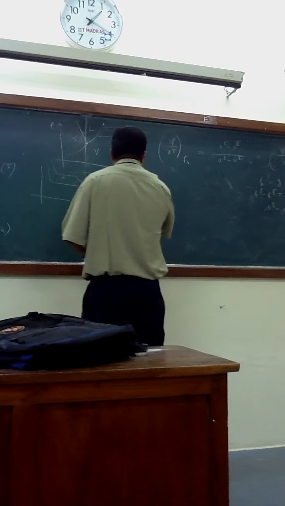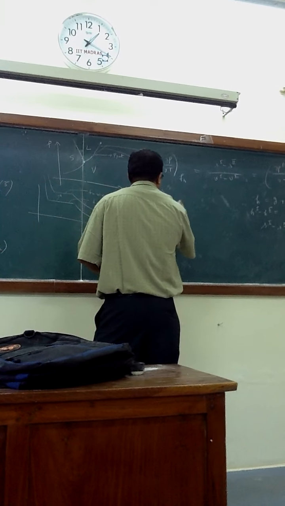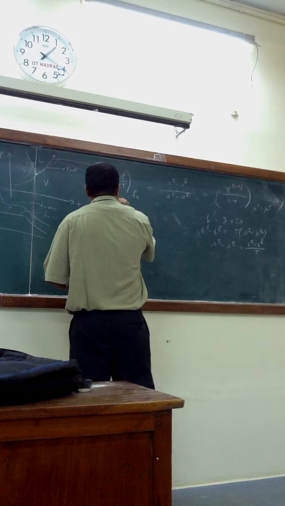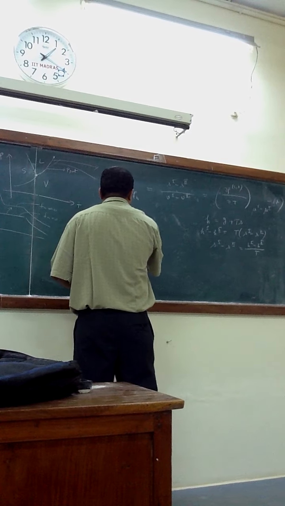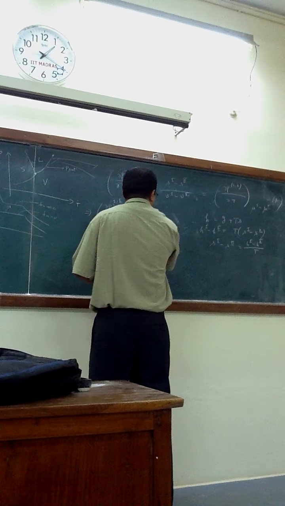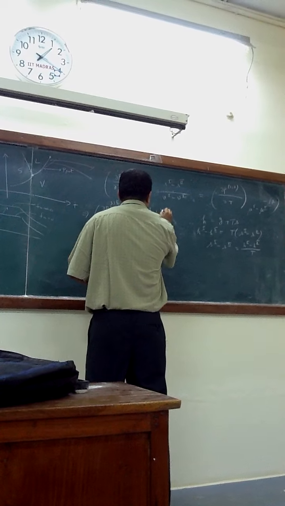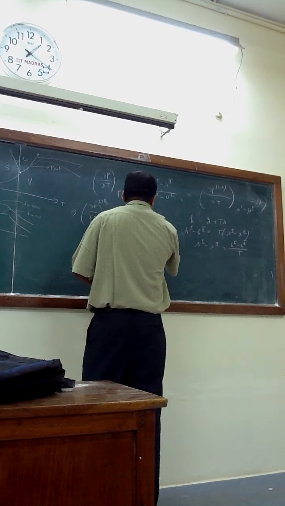So this equation will boil down to dP by dT at phase 1, 2 and mu 1 equals mu 2. It will be H1 minus H2 by T into V1 minus V2.